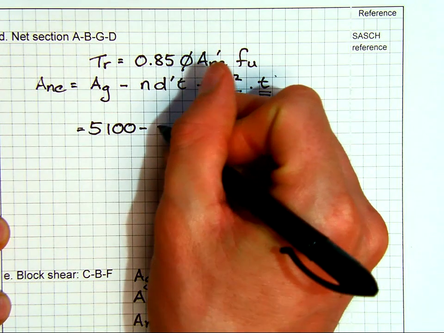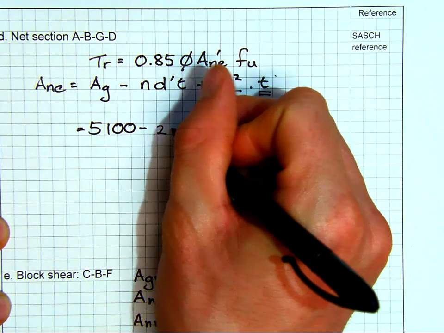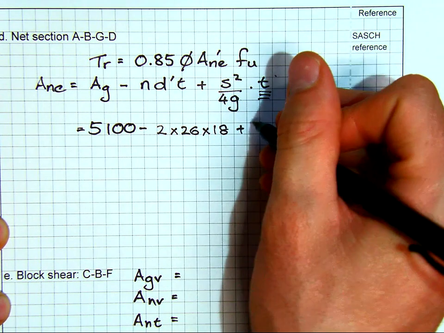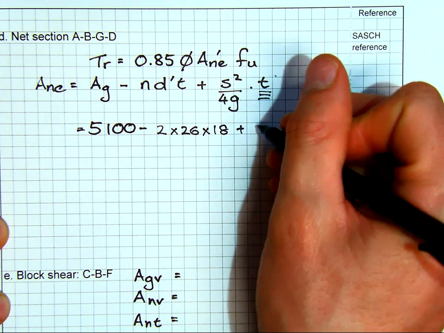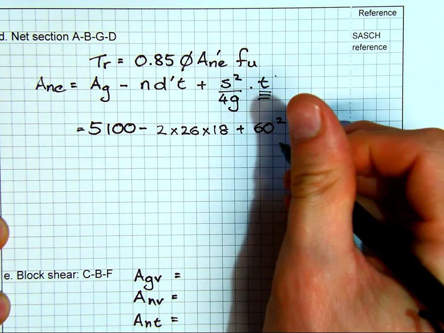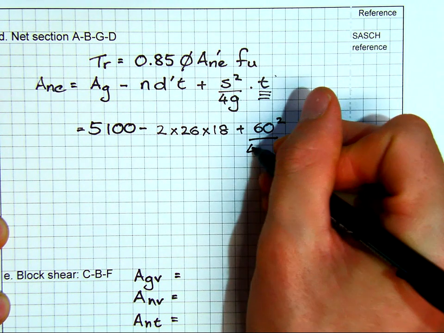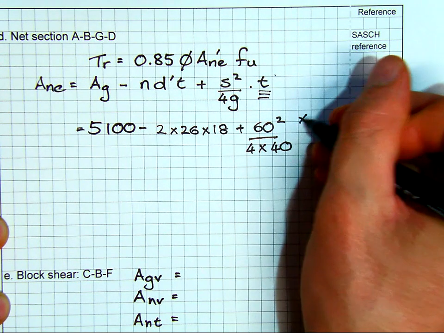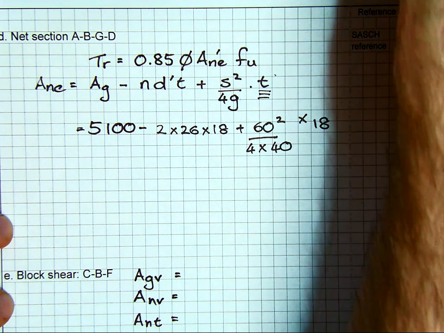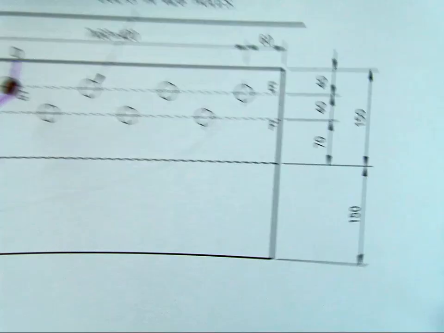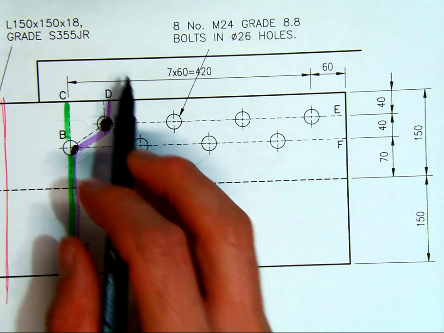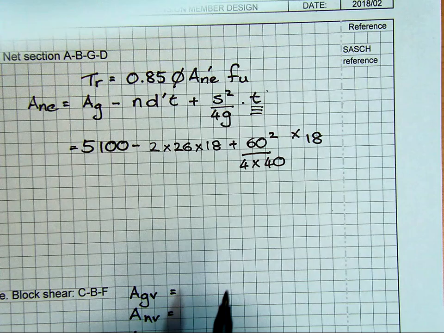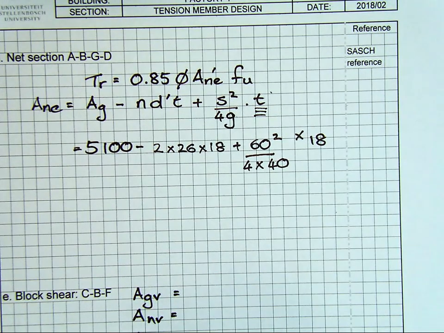So minus, there's our total, minus 2 times 26, the bolts, times 18, plus s squared, which in this case is 60. That is the spacing longitudinally along the bolts, divided by 4g, 4 times 40, so that's the horizontal spacing between, times 18. So there's our 40 dimension, and then it's 7 at 60 spacing all the way down here. So those are where the 60 and 40 dimensions come from.